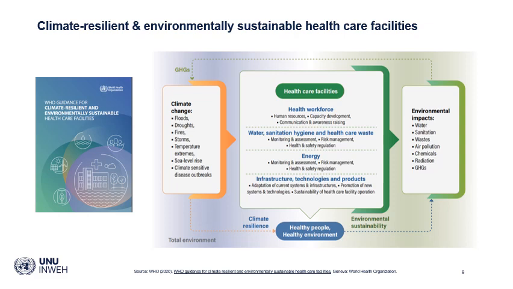In recognition of the fact that health systems are vulnerable to climate change and they too need to be environmentally sustainable, the World Health Organization released guidance in 2020 to support healthcare facilities to withstand threats of a changing climate and various environmental factors such as water, sanitation, and air pollution impacts.